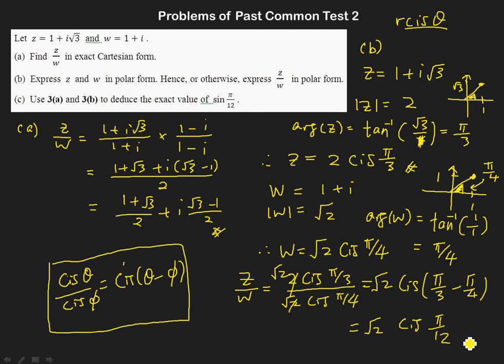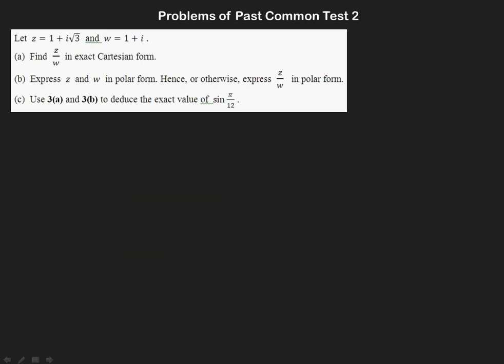Right? Alright, so part C is that we want to use this result and this result to deduce the exact value of sine pi over 12. So I go to the next page.